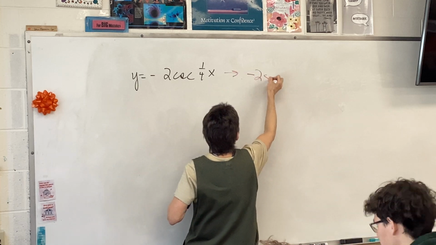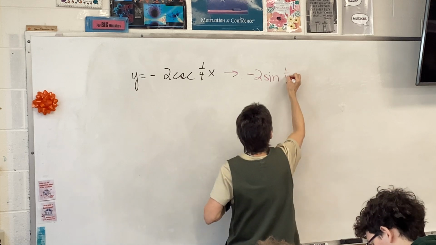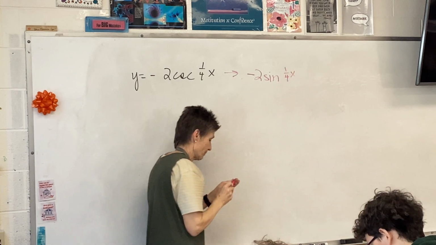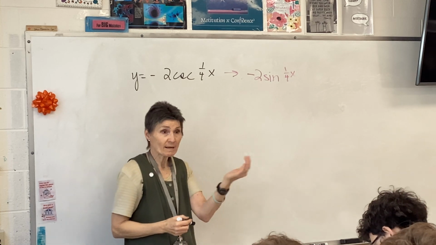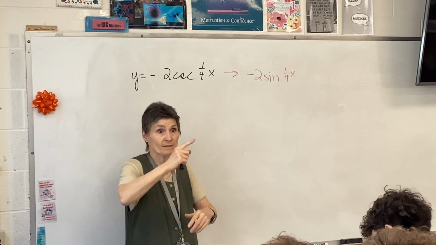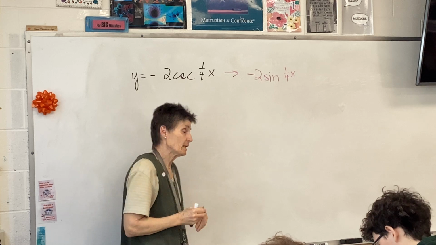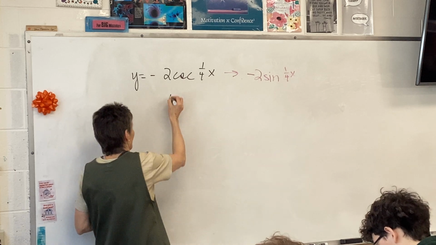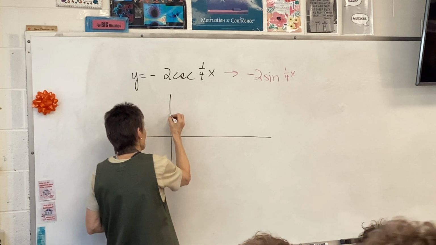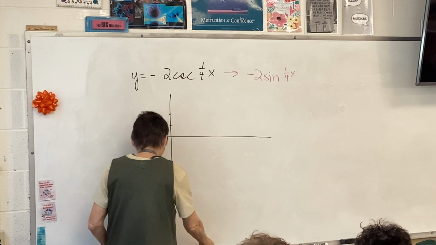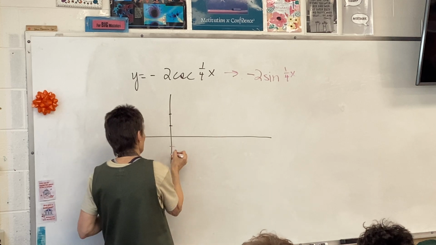So I'm going to graph the corresponding sine curve, because then I know what to do. Wherever I have zeros, I drop in asymptotes, and then I flip my hills and valleys to make parabolas. So I'm doing my amplitude, I'm doing my sine curve, I should do it pink.